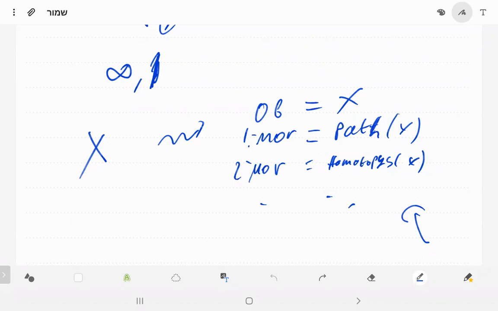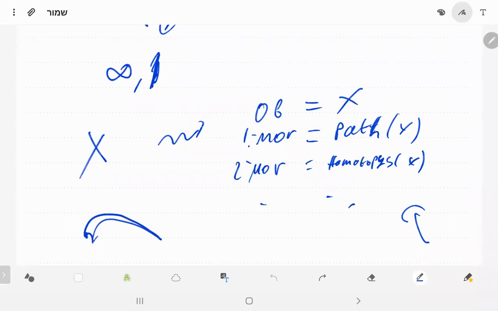So one of the approaches to higher category theory says that an infinity groupoid is just a topological space, no more, no less. But it's important that you think about the paths as morphisms and the higher things also as morphisms. And since it is a groupoid, you see that any path is invertible, any path you can do the same path the other way around.